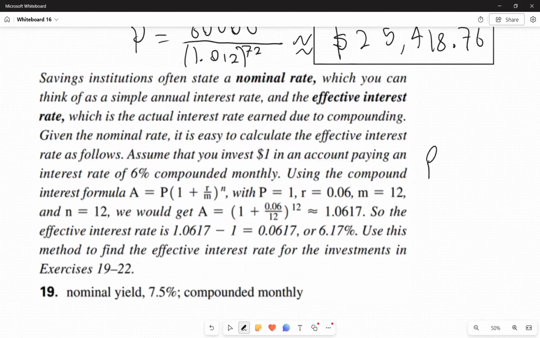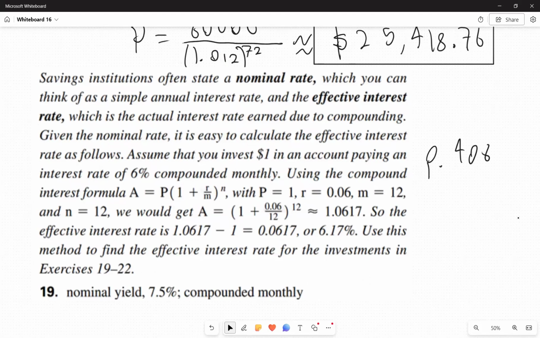Savings institutions often state a nominal rate, which you can think of as a simple annual interest rate, and the effective interest rate, which is the actual interest rate earned due to compounding. Given the nominal rate, it is easy to calculate the effective interest rate as follows. Suppose that you invest $1 in an account paying an interest rate of 6% compounded monthly.